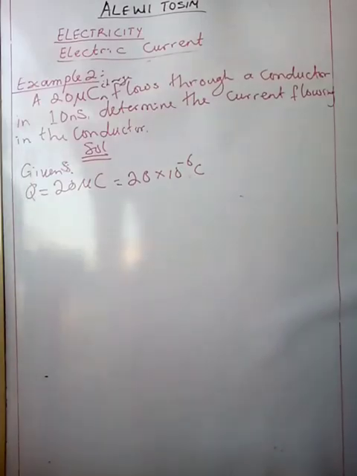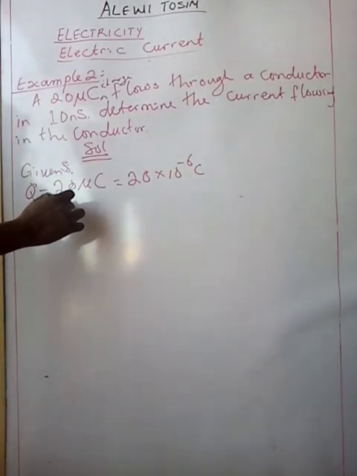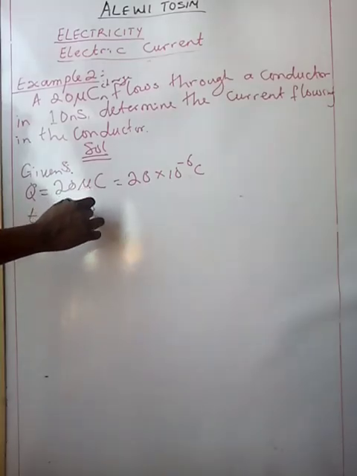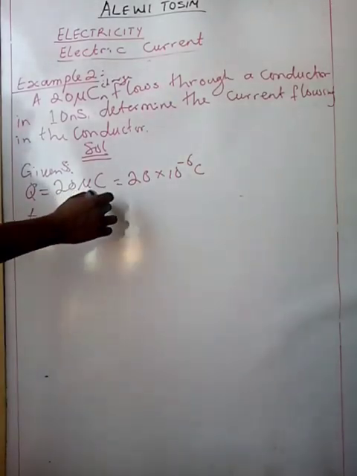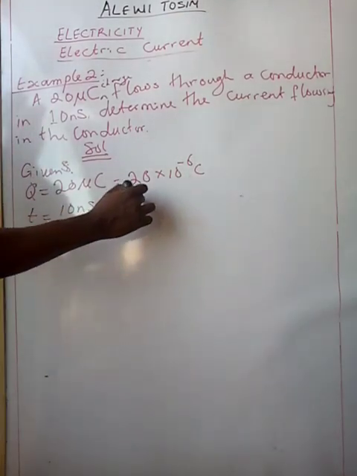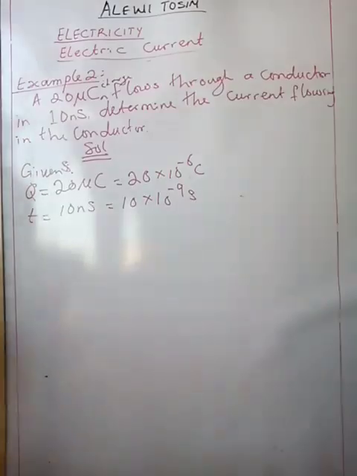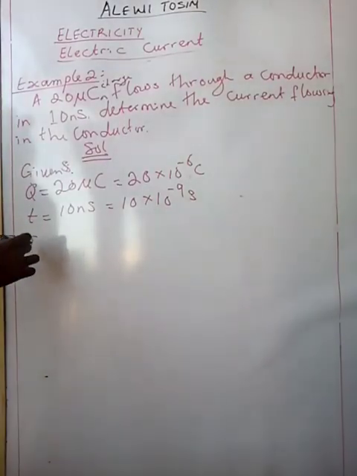We are also given our time, T, as 10 nanoseconds. We have to convert it from nanoseconds to seconds, which is 10 times 10 raised to the power minus 9 seconds. We are told to find the current.